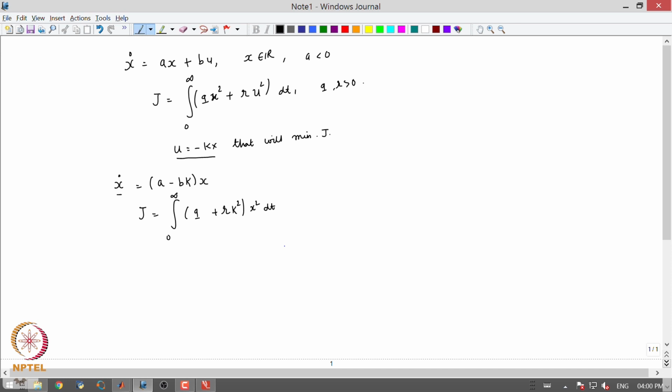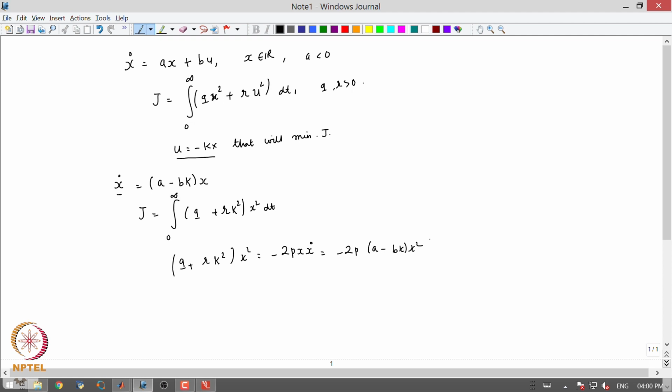Okay. So once I do this, what does it mean? q plus r k square times x square is minus twice p x x dot. So this will be minus twice p x dot, where x dot is a minus bk times x, and the two x's will be x square.